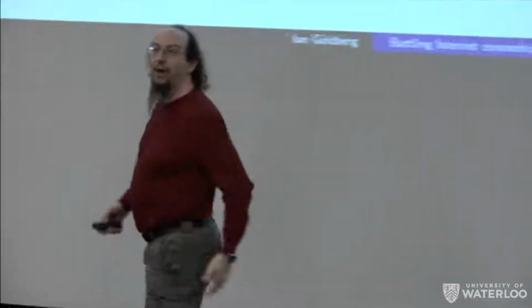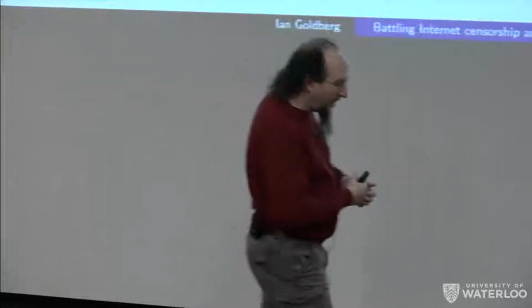Okay? So we've talked about the internet, and we've talked about privacy. Now let's talk about privacy on the internet. Okay? Many of you will be familiar from the summer of 2013.